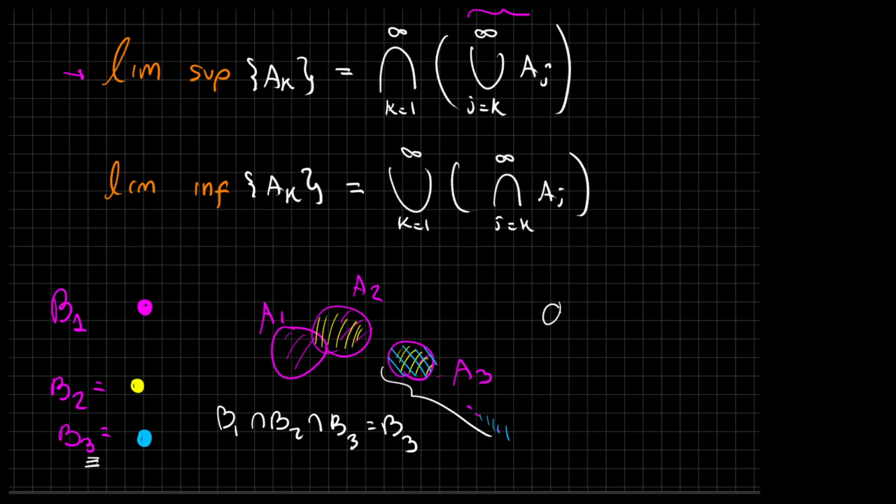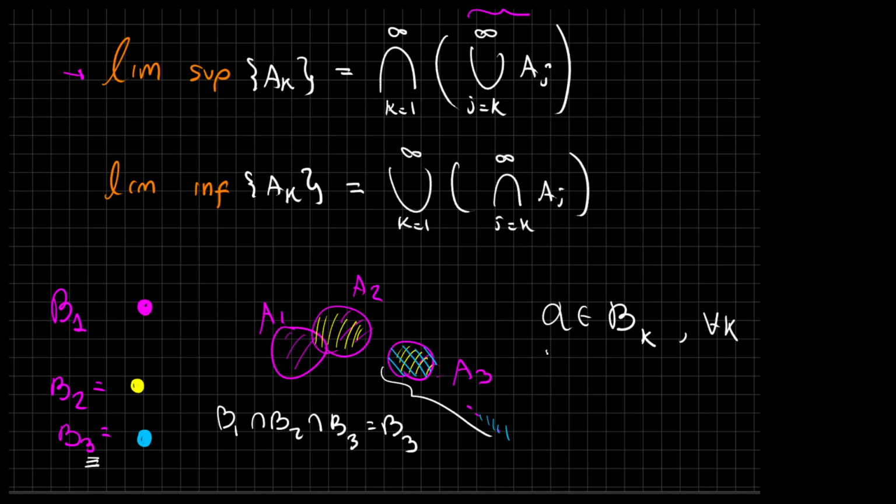I mean that perhaps some elements are always in every B sub k starting from k more than some fixed value. So if everything is here, I mean for every k, it should be for every k.